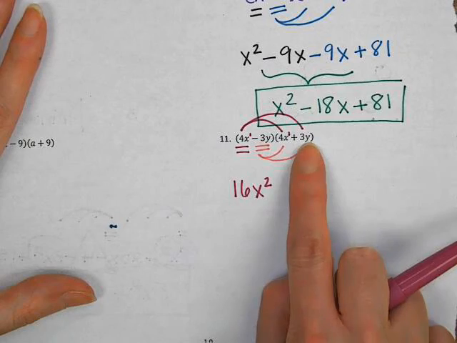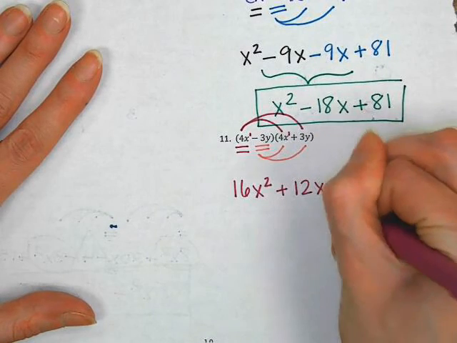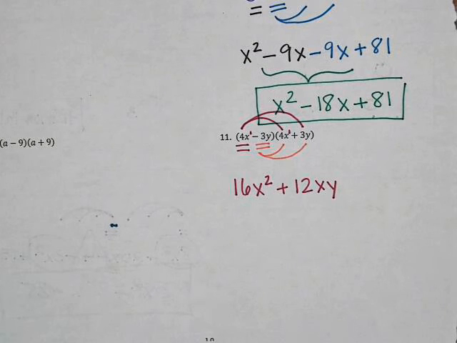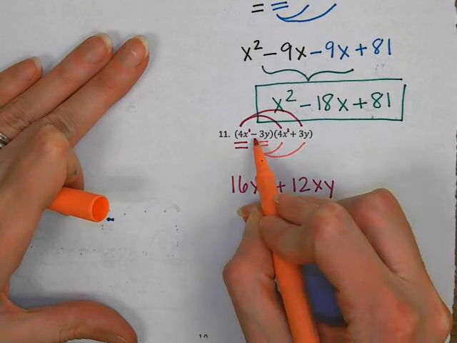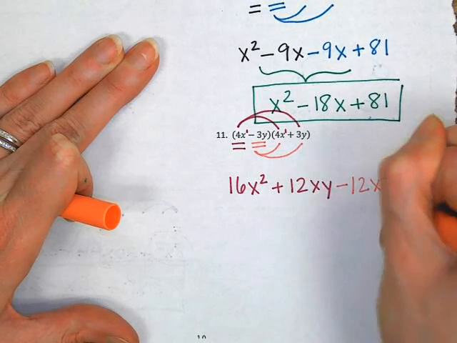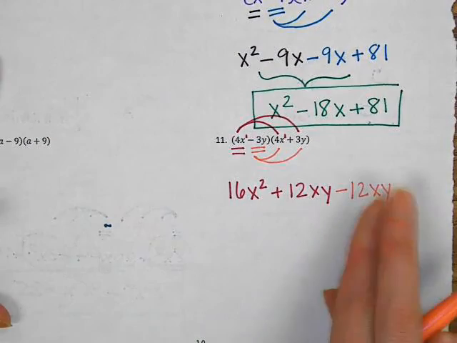4x times 3y is just going to be 12xy. Don't add those because they're not the same base. Okay, and then negative 3y times 4x is just negative 12xy, or yx, the order doesn't matter.